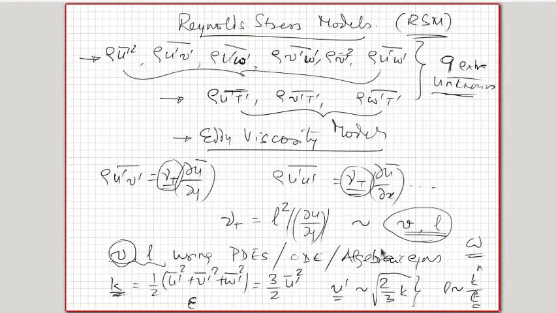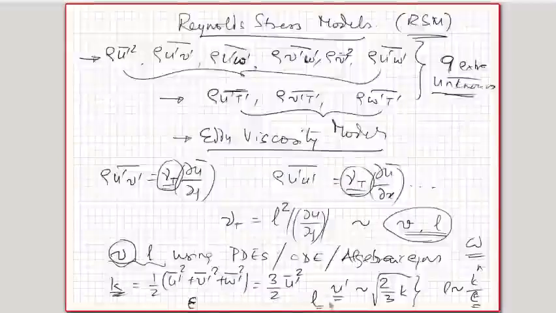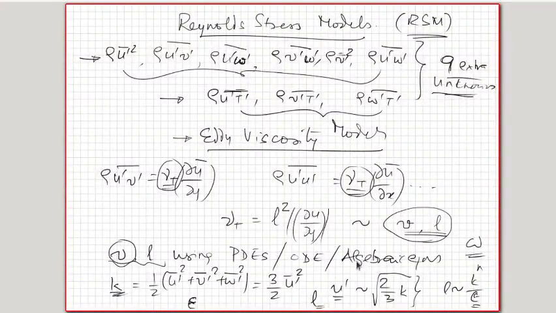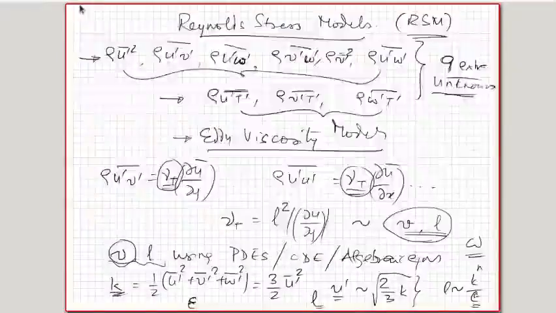So by specifying different quantities such as k or epsilon or L itself directly, you get different kinds of these equations. Depending on how many partial differential equations are solved, they are classified.